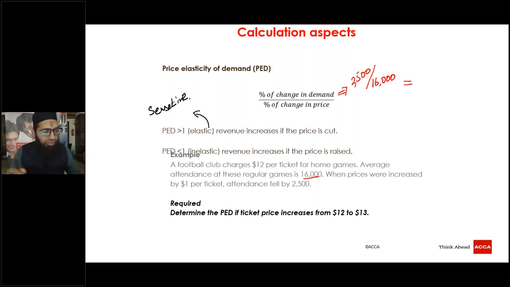So the percentage change in demand is 2,500 by 16,000, which is 15.625%. Now the percentage change in price can be calculated as the change in price of $1 divided by the base price of 12. So it will be 1 divided by 12, and the answer is 8.33%.